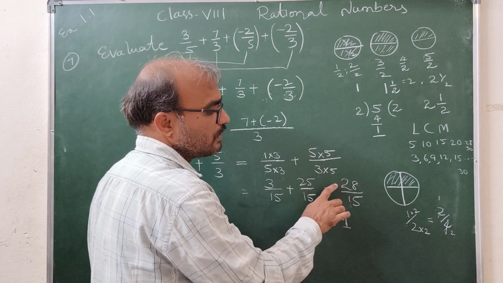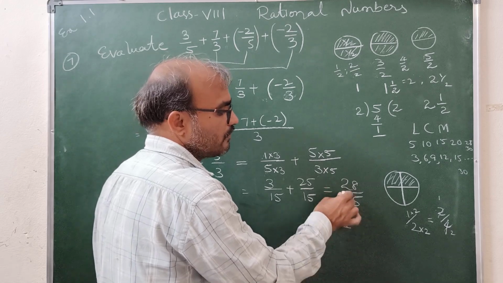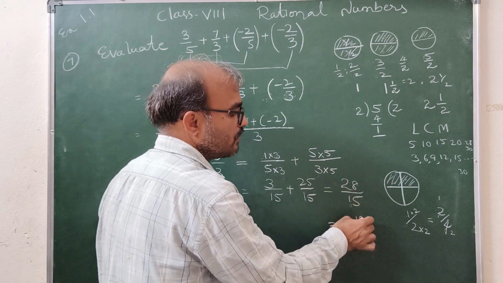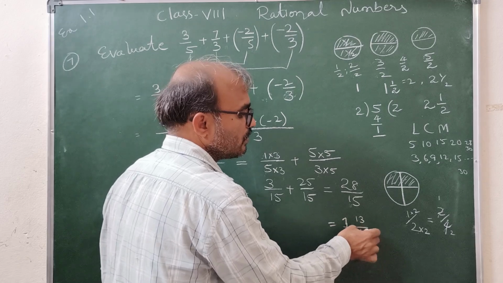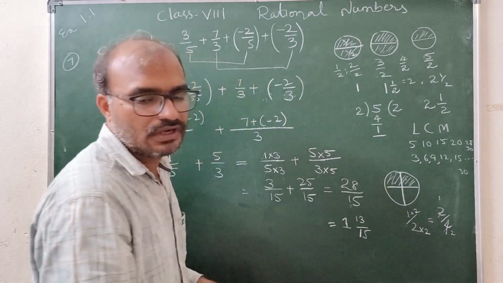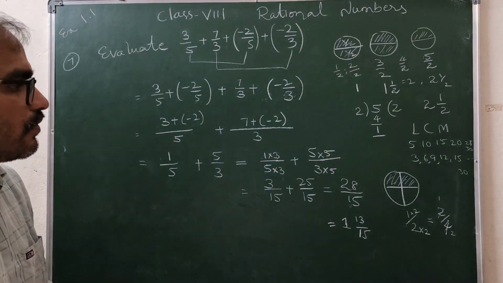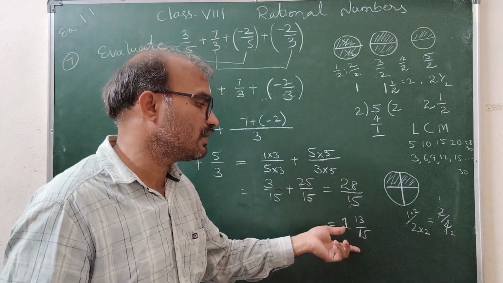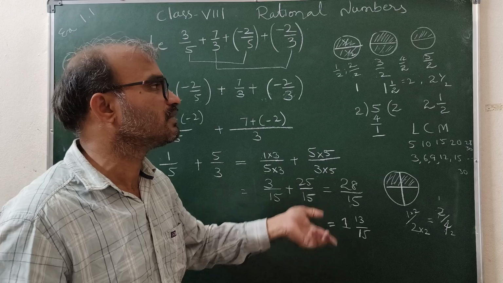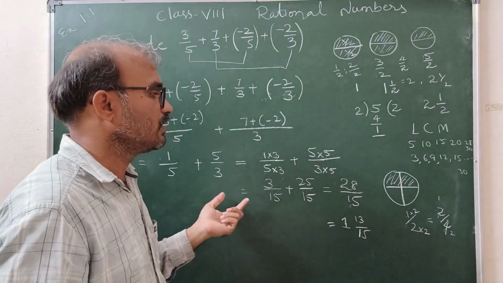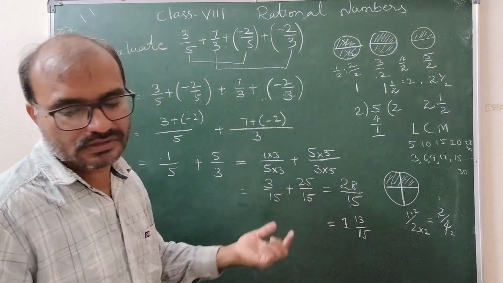So how many will remain? From 28, if you remove 15, 13 parts will remain. One whole, 13 by 15. So that is mental calculation, right? Calculate mentally to calculate easier and faster. Understand the number. Don't simply memorize the simplifications.